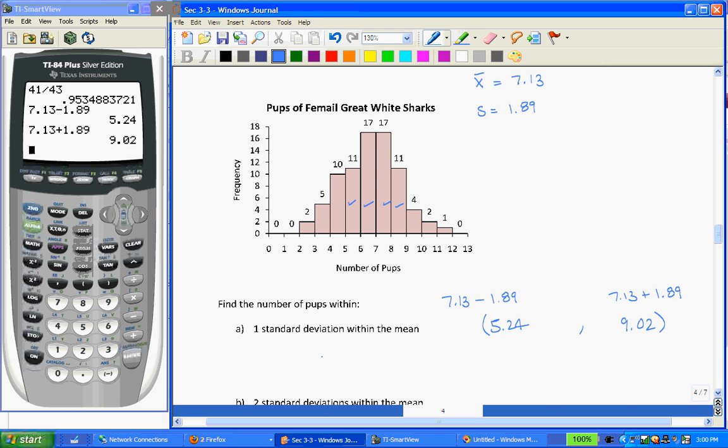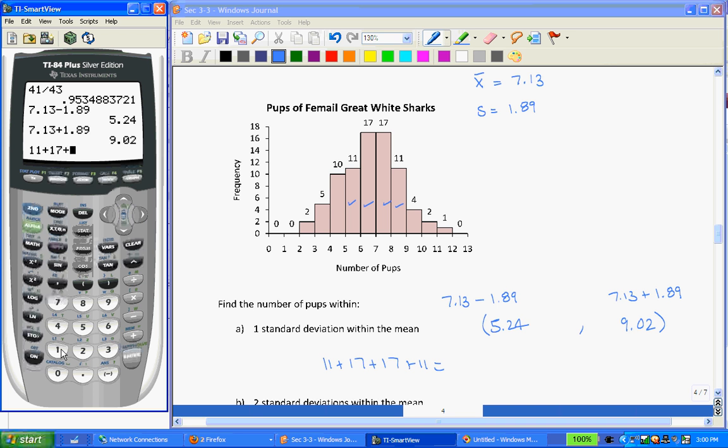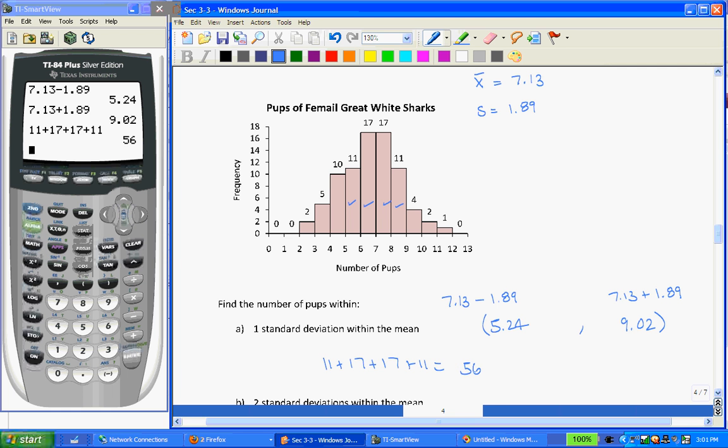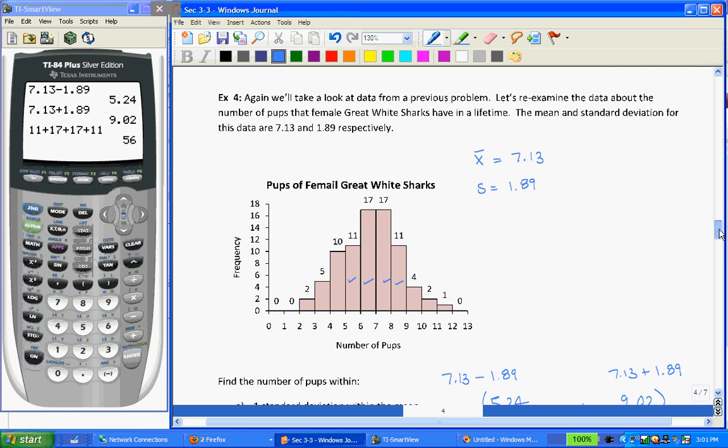So for my frequencies, I'm adding up 11 plus 17 plus 17 plus 11. And that's 56. And we looked at 80 sharks, I believe.